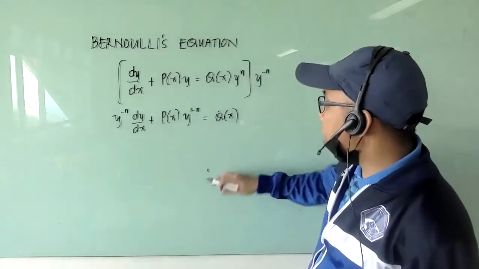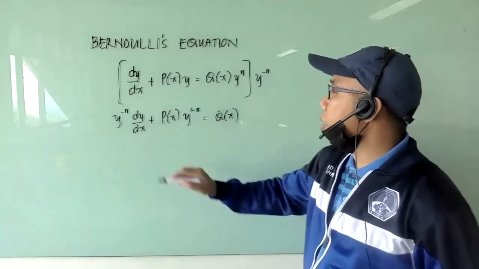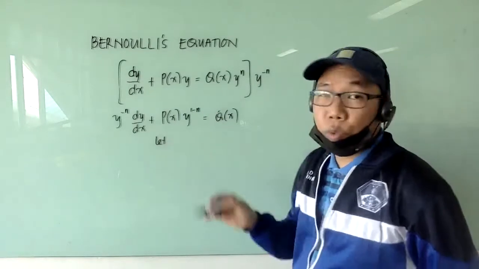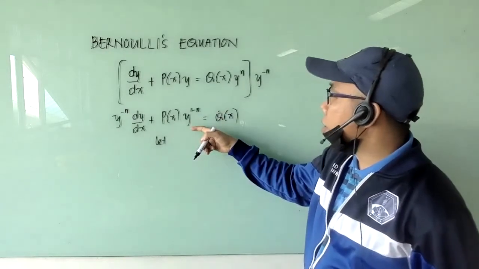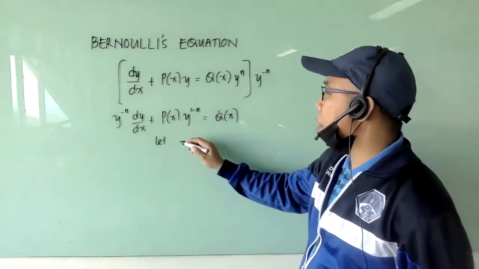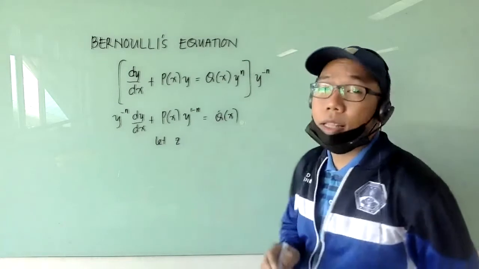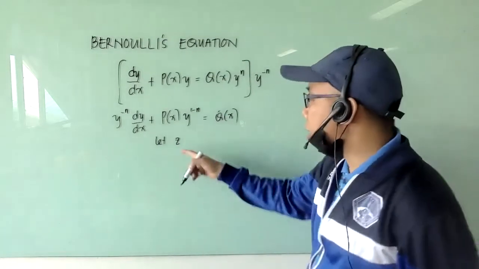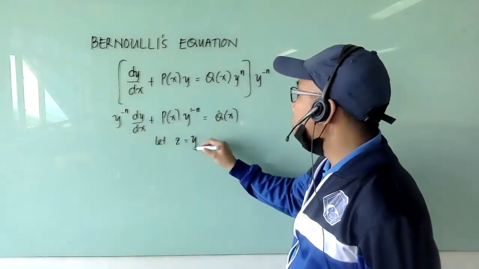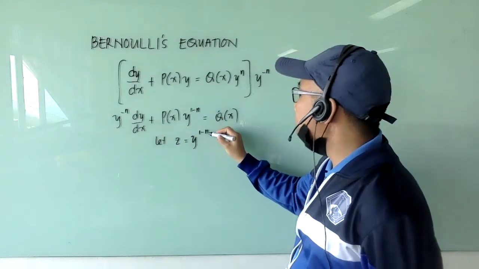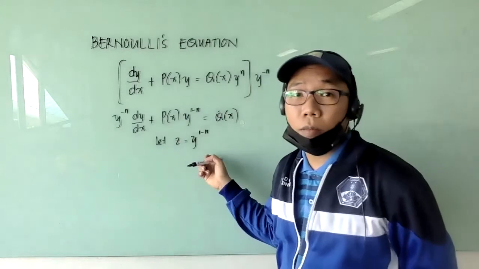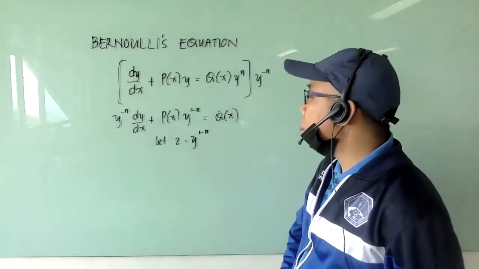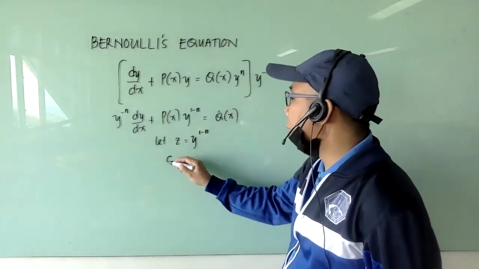Now the next step is to introduce a new variable. We are going to replace y^(1-n) by a new variable, say the letter z. Let z equal y^(1-n). Since we are going to replace the variable y by this new variable, we are also going to replace its differential.